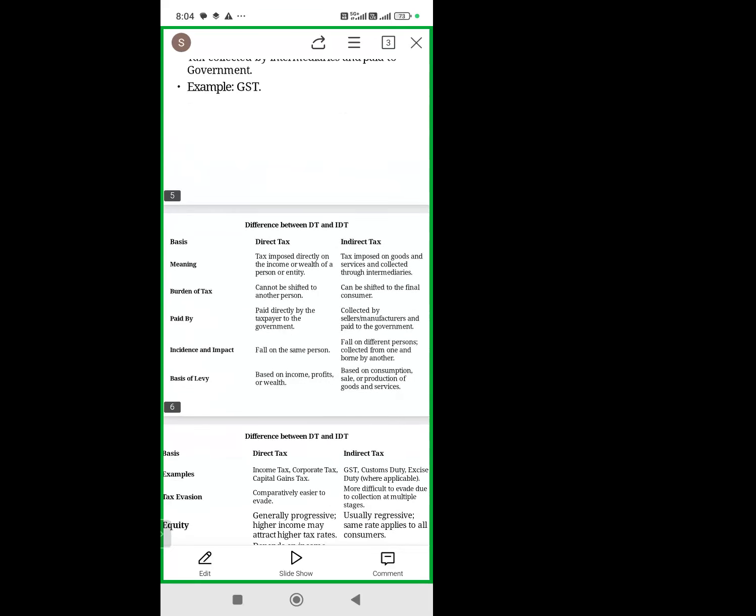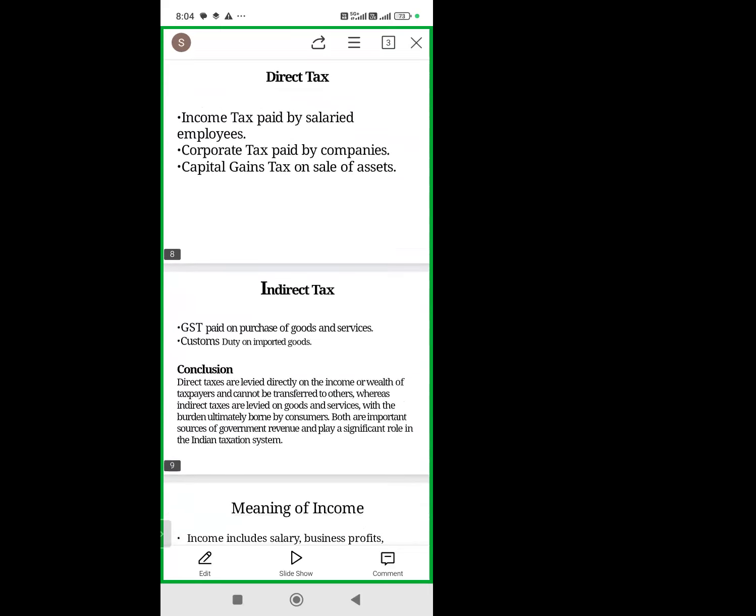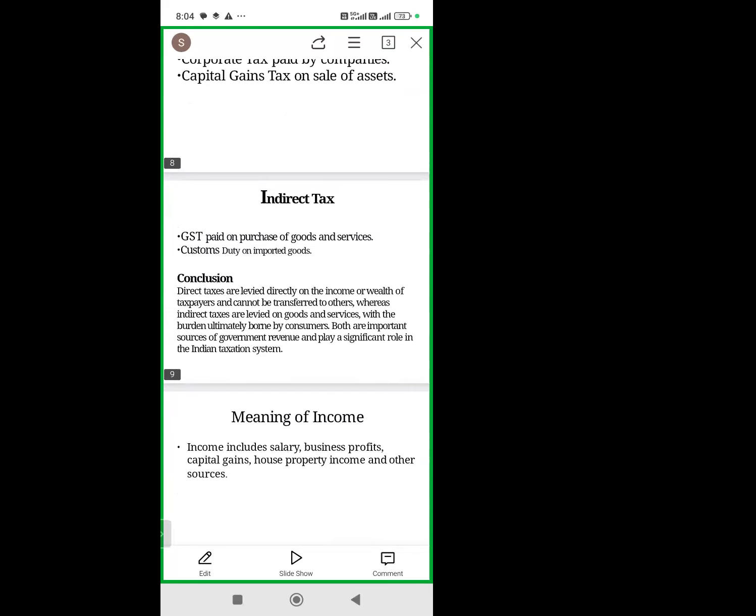Slowly and steadily, we are moving towards the part which is critical to calculate tax liability.